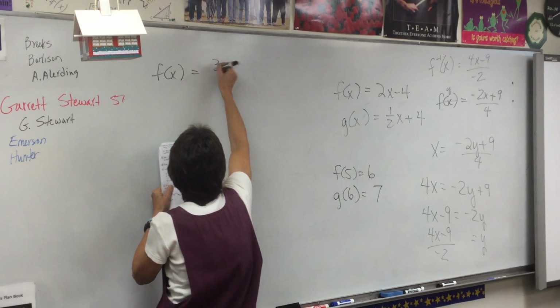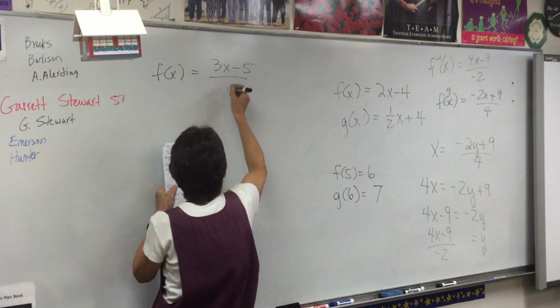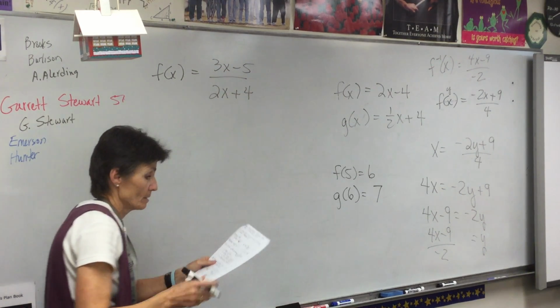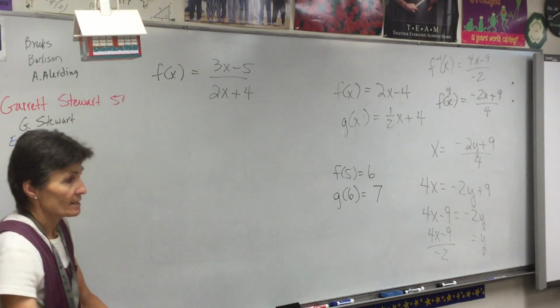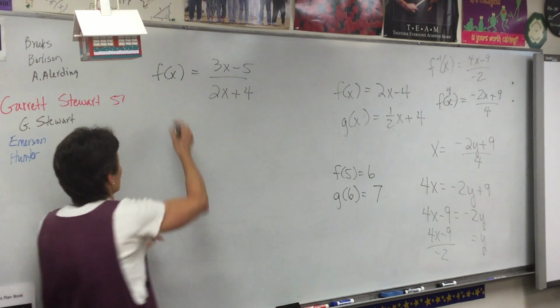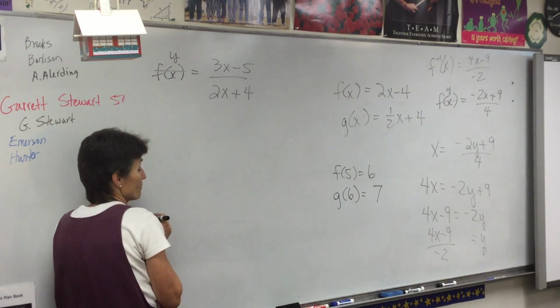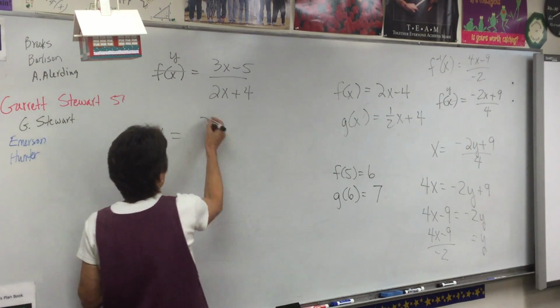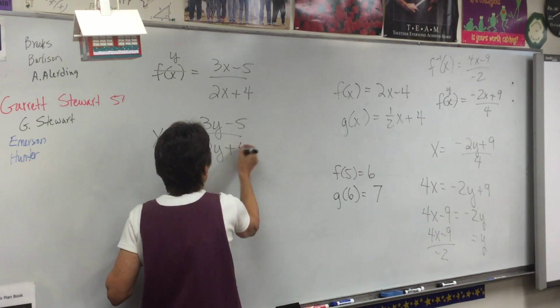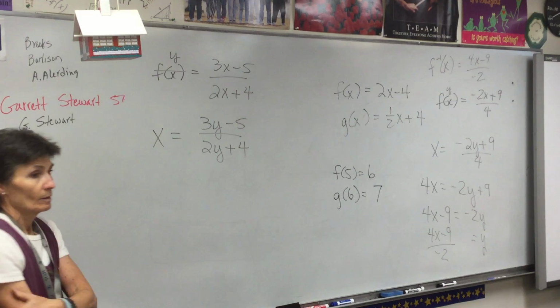Now, this one is a little bit harder. We're going to do it the exact same way, but there's going to be more arithmetic involved. So think of that as y, and then switch your variables. Okay, so now we're here. 2x minus 2.